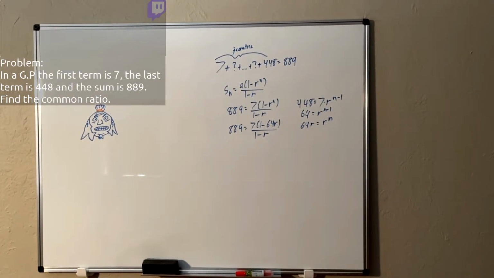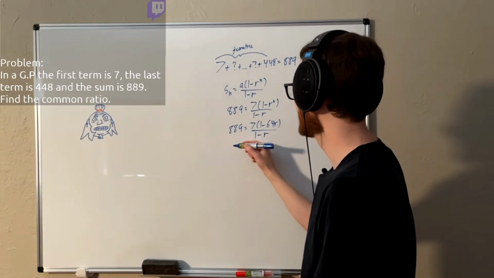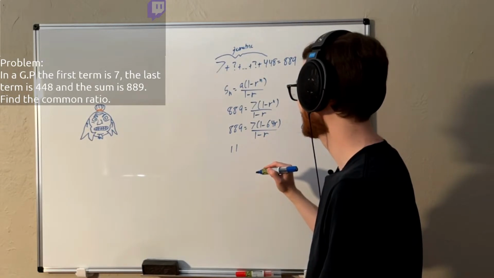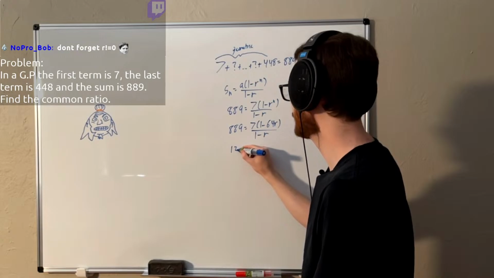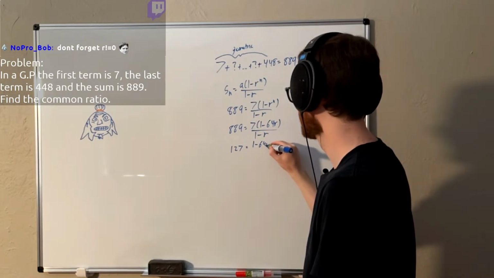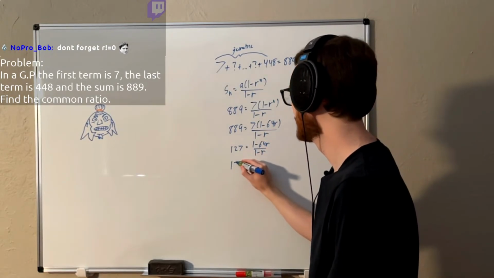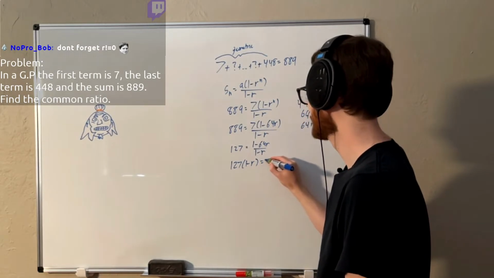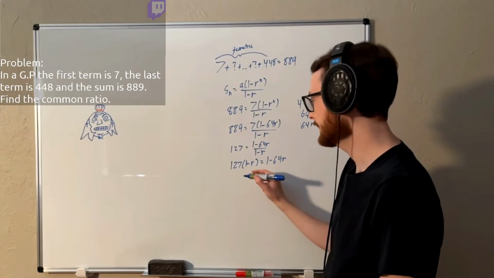I do remember that proof. I just confused to work out the actual values. 889 over 7 is 127. If we divide each side by 7, now we can multiply each side by 1 minus r. Multiply the 127 inside the parentheses.